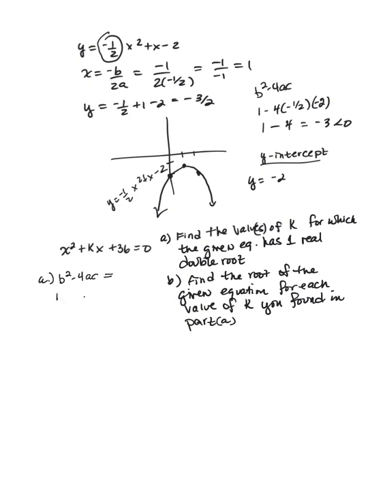In this case, that would be k squared minus 4 times 1 times 36. So I get k squared minus 144. We know that the equation has one real double root if the discriminant is 0, right? So if I take this discriminant now and I set it equal to 0.